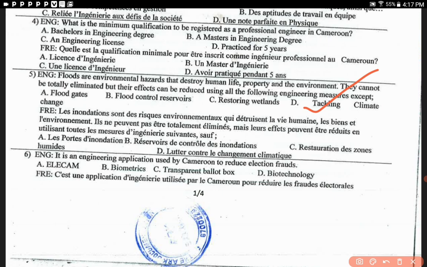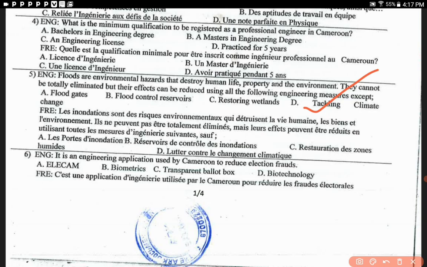These three are of course natural or engineering measures that can be used to control the risk of flood and also to manage water flow, right?